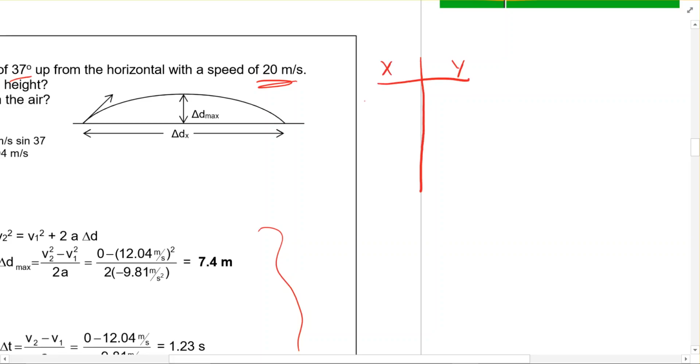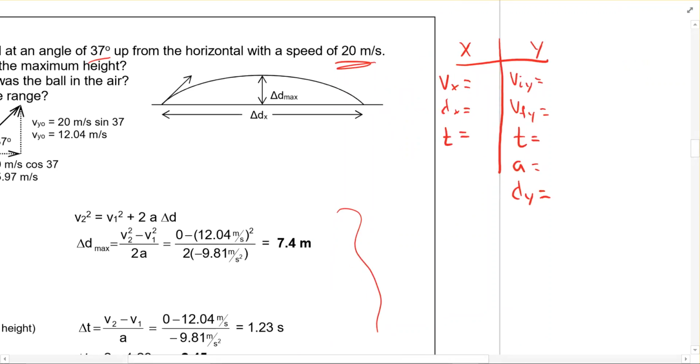The x is only going to have three things: vx, dx, and t. In the y direction, it can have all those acceleration ones. So we're going to have viy, vfy, t, a, and dy. And then I start filling in what I know.